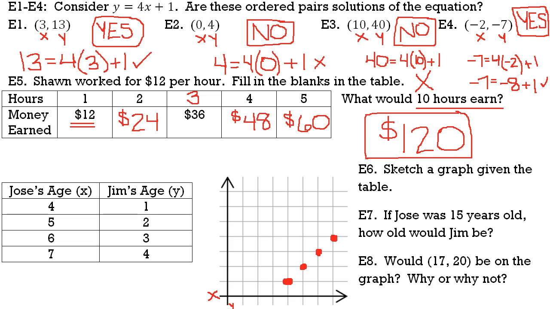So if we label this graph, and in this case a label would probably come in handy because we have some questions to answer, and I just want to make sure we get them right. So we've got Jose's age, and then we'll have Jim's age going vertically here.